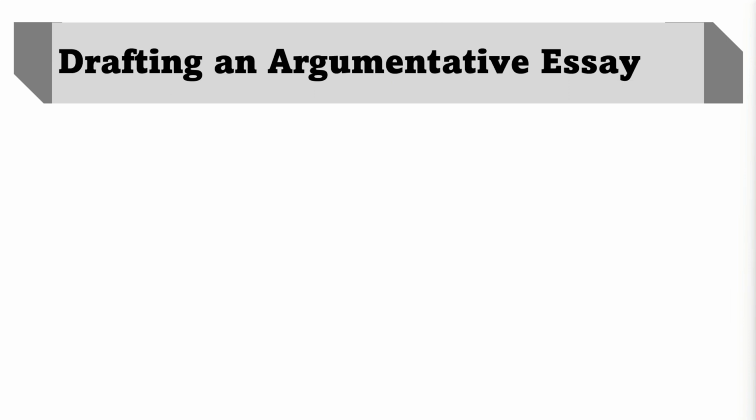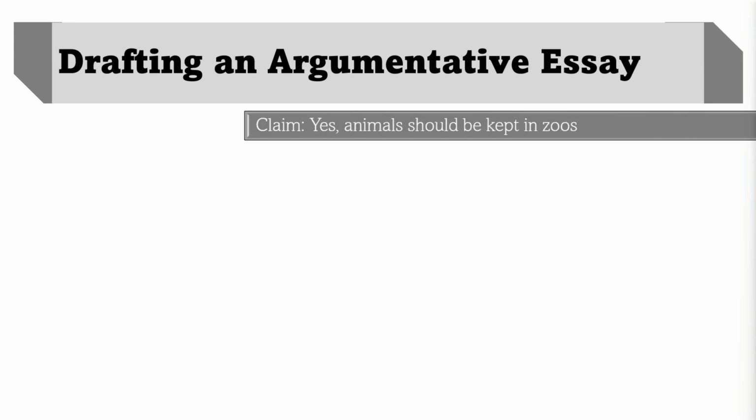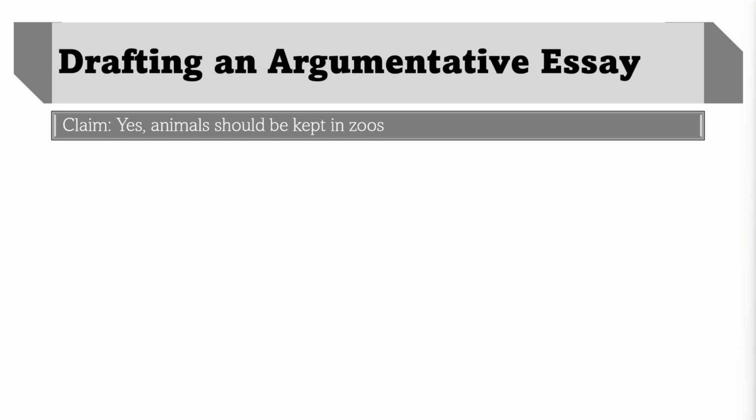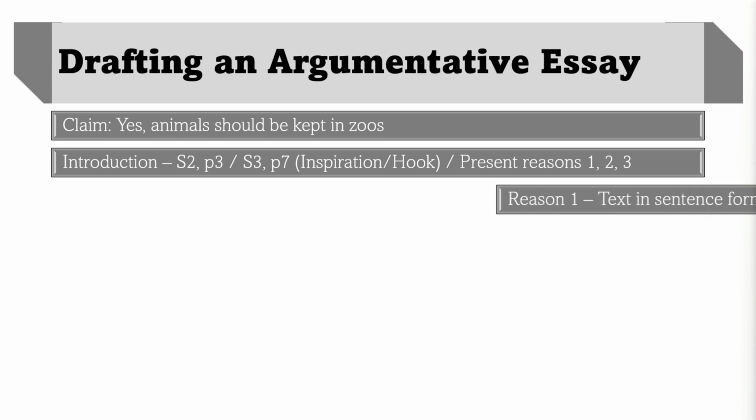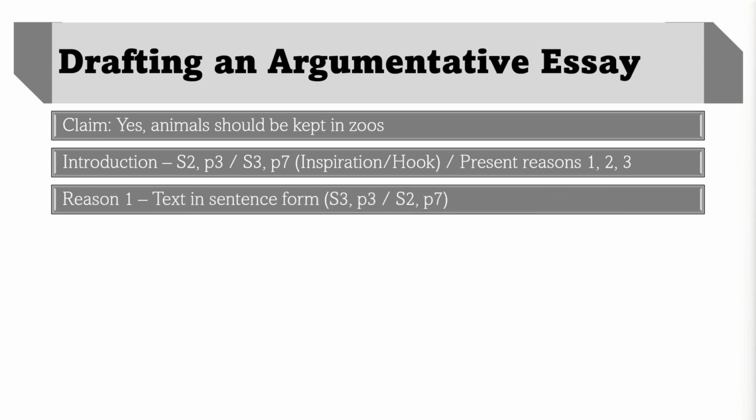Let us go back to the structure of the argumentative essay again and see where I am at this point. I have the claim, I have the introduction with the location of a possible hook plus the fact that I know that the reasons are going to be in this section. As you can see, I have reason 1 clearly spelled out and with the location of the supporting evidence in one paragraph.